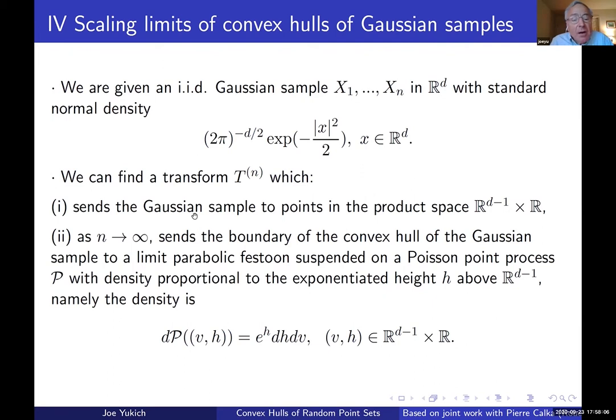The boundary of the convex hull of our Gaussian sample is sent to a limit parabolic festoon, but this limit parabolic festoon is not suspended by a rate 1 Poisson point process. Instead, it's suspended on a Poisson point process whose density is proportional to the exponentiated height with respect to the hyperplane R^(d-1). Namely, this is the density of the limiting Poisson point process under this transform Tn.